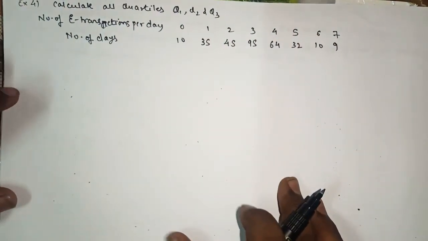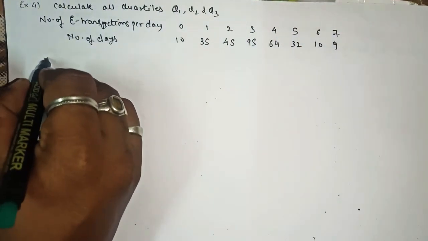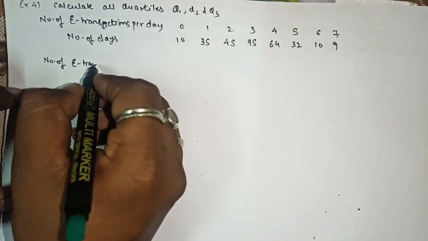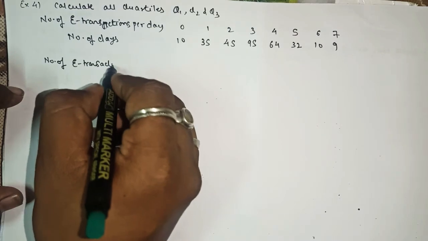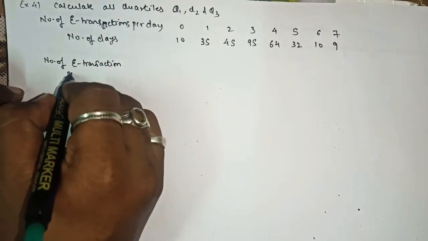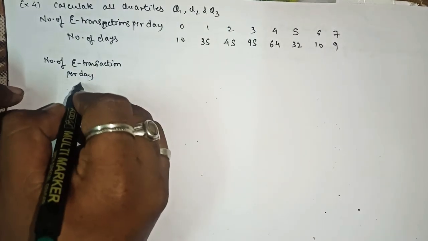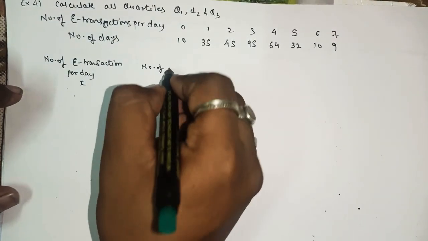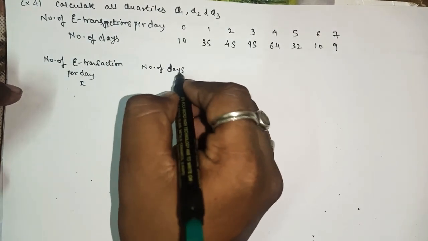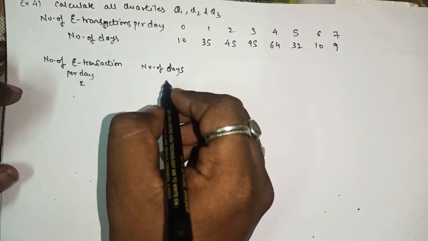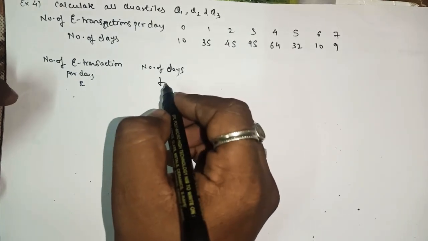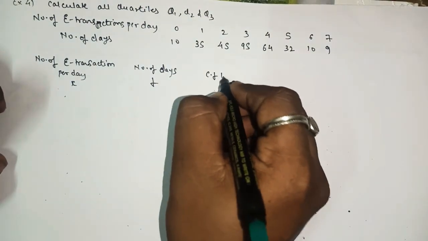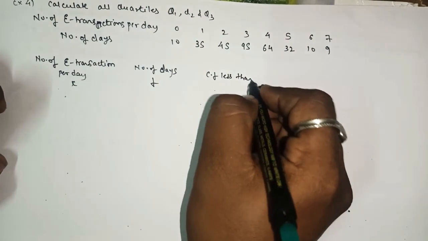Here we have the number of e-transactions per day. We'll consider this column as X, the number of days as F, and the third column will be the cumulative frequency, less than type.